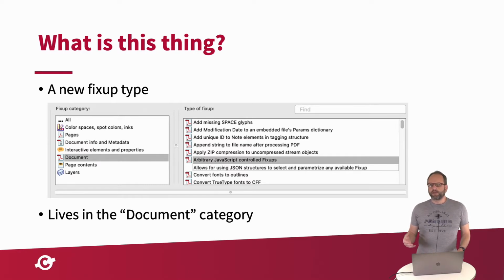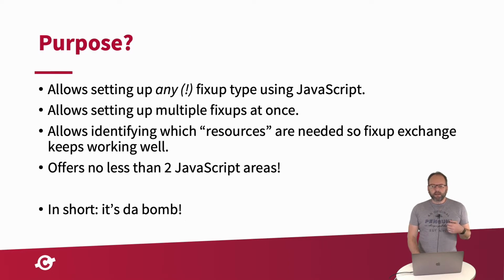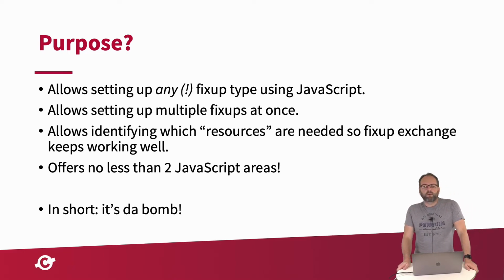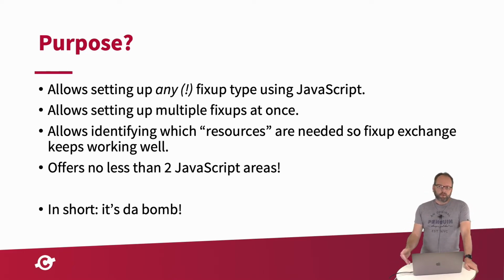I don't think there is any good category to put it in because it's kind of special. It would need its own category. So if you go to the fixup window and you go to document, you will find something called that very long name, and you can click on that, and then you get a completely new UI to configure it. What's the purpose of this additional fixup type?